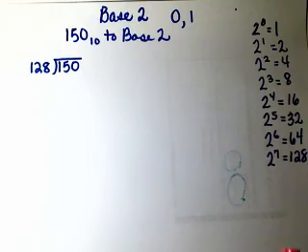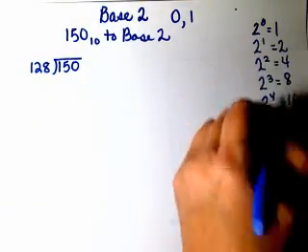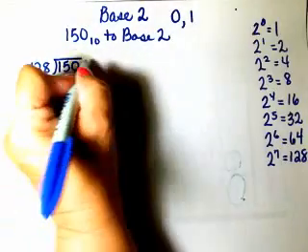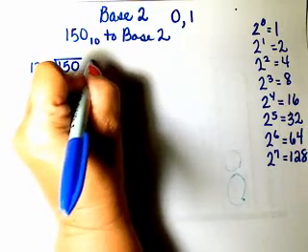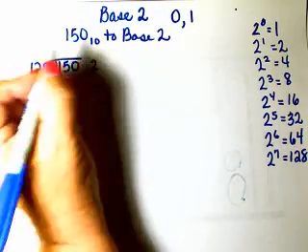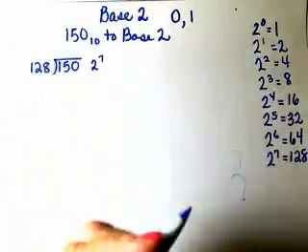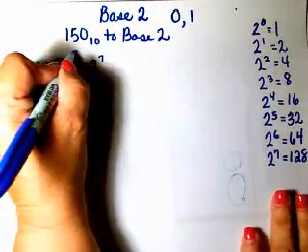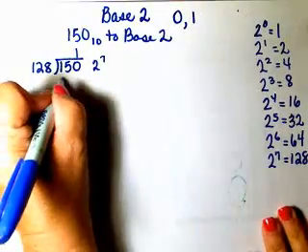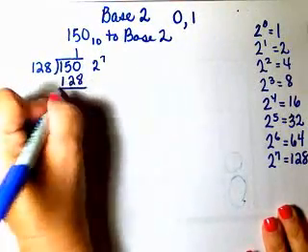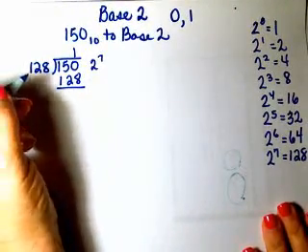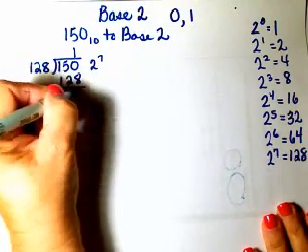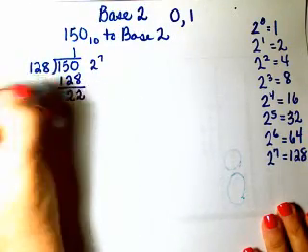Just make sure that you take care of your place value in this one particularly, because there are so many places. So this is 2 to the 7th power, so we'll write that down. So 128 into 150 goes 1 time, and 1 times 128 is 128, and then subtract and get 22.